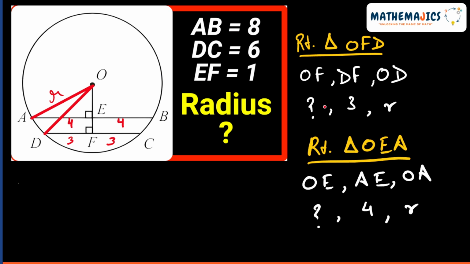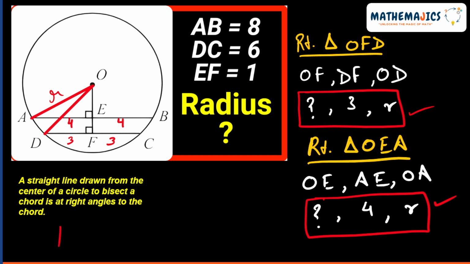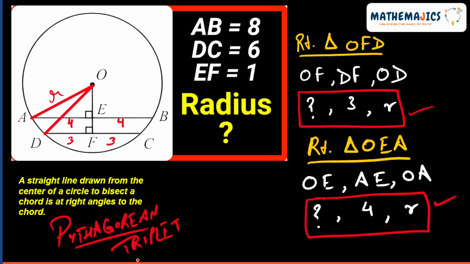Now if you look at these three numbers and these three numbers, these should be Pythagorean triplets. Now can you tell me, if we have a Pythagorean triplet in which the numbers are 3 and 4, what should be the triplet?